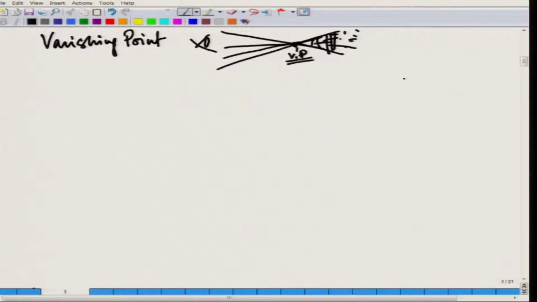Now, if we have a single object placed here, maybe this is something as small as a small pencil sharpener. We draw it this big.